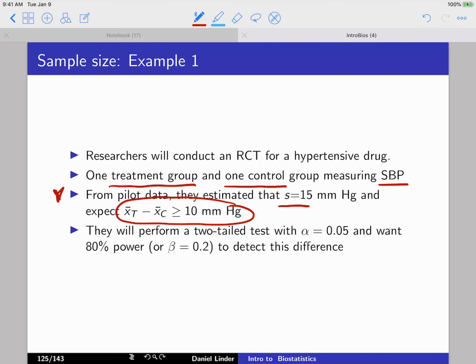So actually, this wouldn't make sense how it's written right now, so we should probably write it like this: X bar in the treatment group minus X bar in the control group.